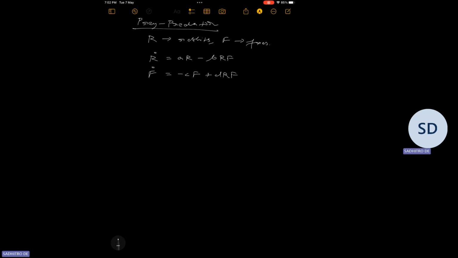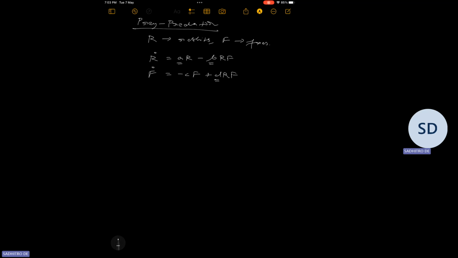Okay, so this basically states that A is the intrinsic growth rate of rabbits. So in the absence of foxes, F will be 0, and the rabbits are assumed to grow exponentially here instead of the logistic growth which we had earlier. E is the rate at which the foxes prey on the rabbits. So it is the death rate of the rabbits due to predation by the foxes.